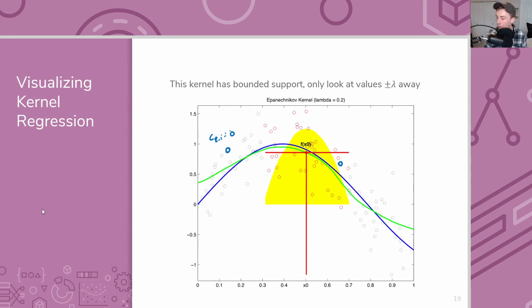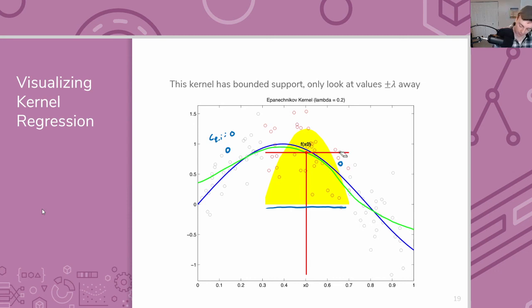What this yellow region is showing along the x-axis, the height is showing you the value of the Epanechnikov kernel. So the taller this yellow region is, the more weight you're assigning to points in that area. And so we're taking this weighted average over all of the data points, but only the ones highlighted in red here actually have non-zero weight. And then we output them.